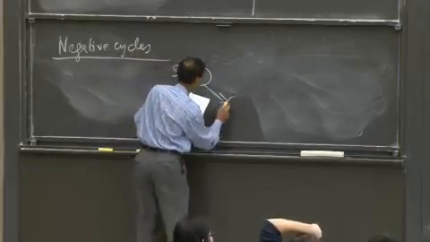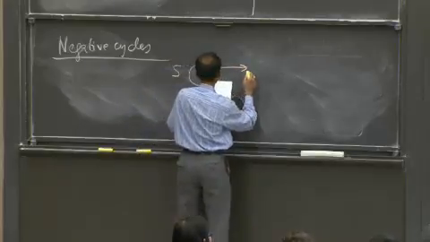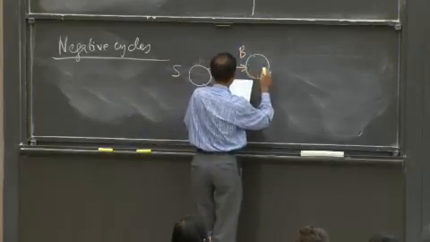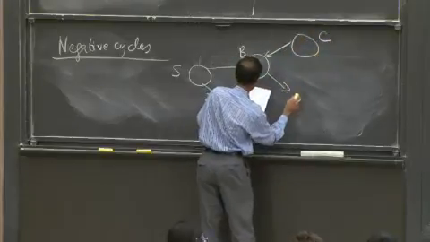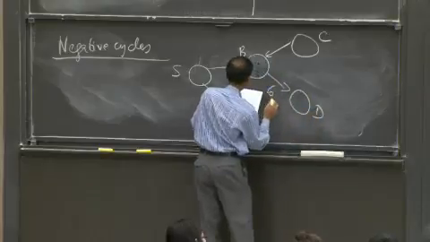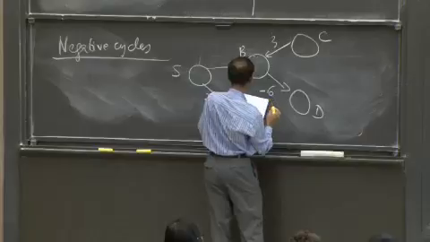Suppose you have something like this, where you have a graph that has negative weights on some of the edges, but others are positive. So this one is -6.